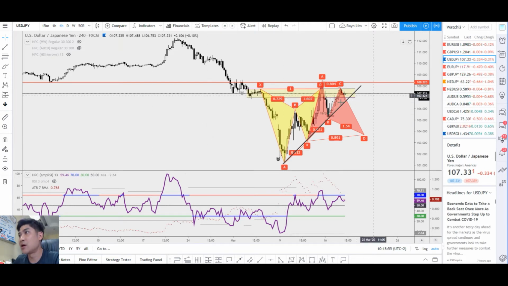So break and close below the trend line, then a retracement before I engage for a shorting trade. So watch out very closely on here. A series of lower highs give me these ascending trend lines. We can form an ascending triangle. So take note of this, very critical right now on dollar yen.